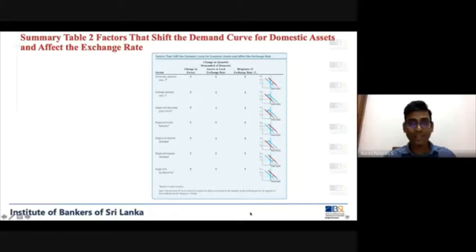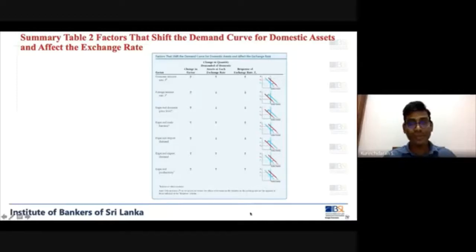Because of the expected trade barriers, people would like to do the trade as soon as possible, because down the line there will be trade barriers and that will cost them.